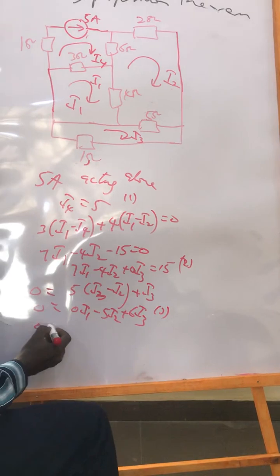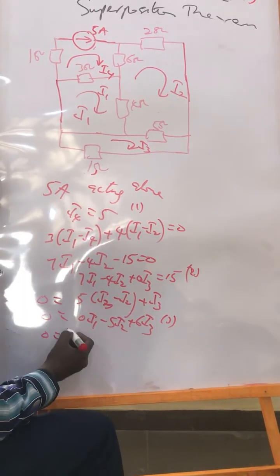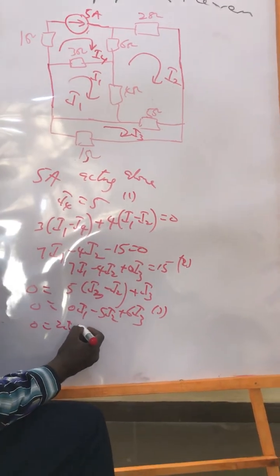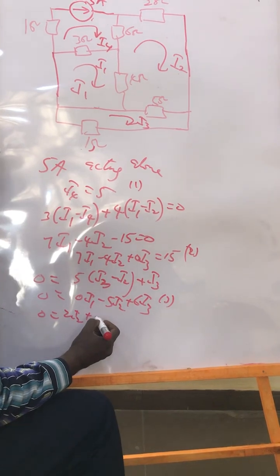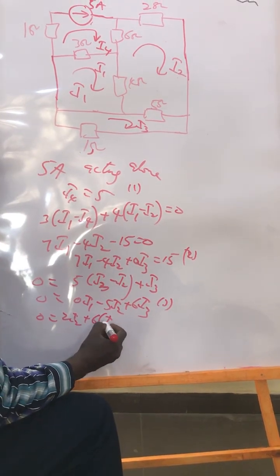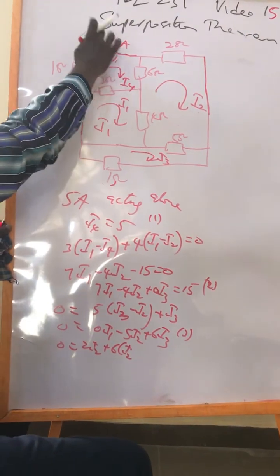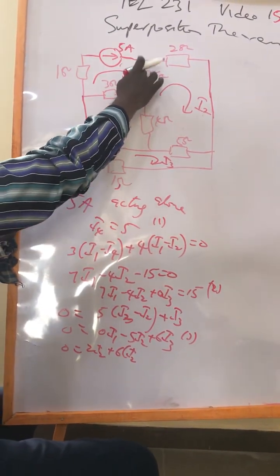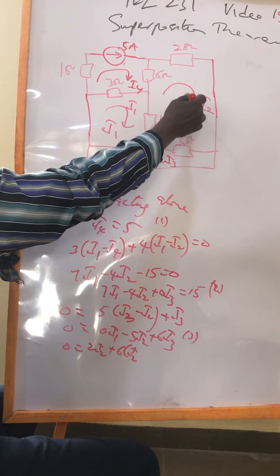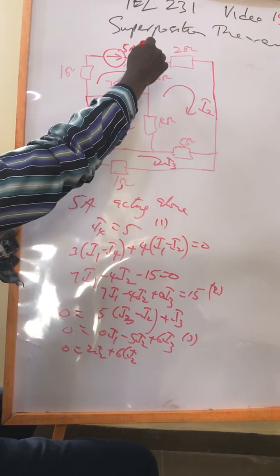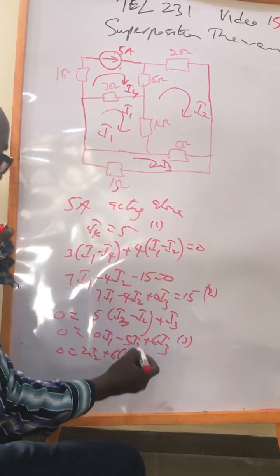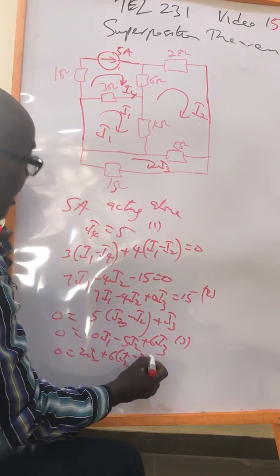There is 0 EMF there. I will have 2 I2 plus 6 times I2. Unlike before, when this one was open and there was no current there, now I2 is going up and I4 is going down, so that would be I2 minus I4.